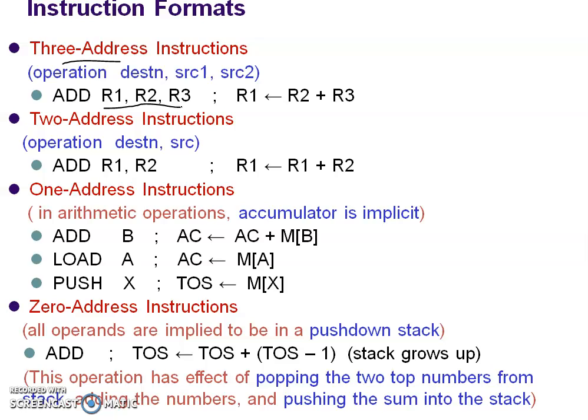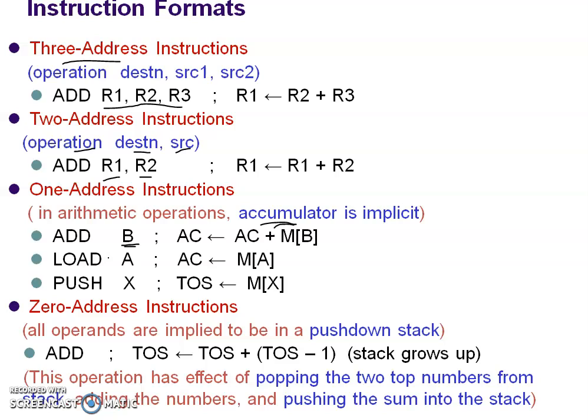So 3 operands are there. A 2 address instruction is where you will have 2 operands, and the format is operation, destination, source. Okay, 2 operands will be there. And a 1 address instruction is where a single operand will be there, and the accumulator will be the second operand that will be considered implicitly.